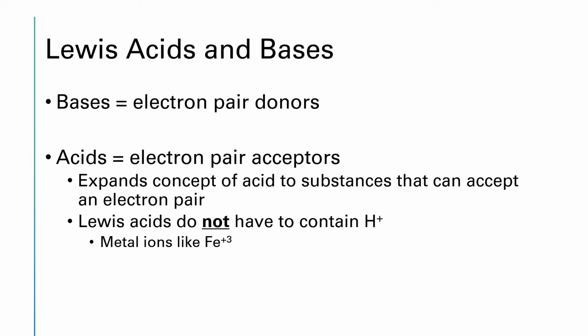Acids are going to be electron pair acceptors. And so this expands the idea of an acid to include any sort of a substance that can accept an electron pair. And so Lewis acids don't have to contain hydrogen ion. Metal ions like Fe+3 are able to accept a lone pair, and so they will be able to function as acids using this definition.